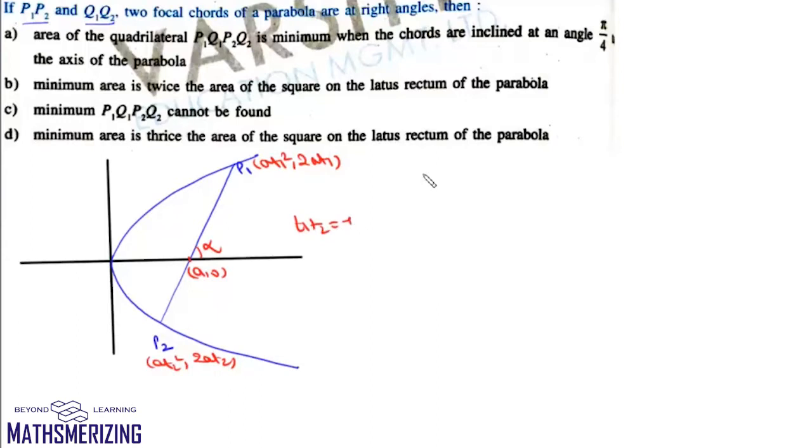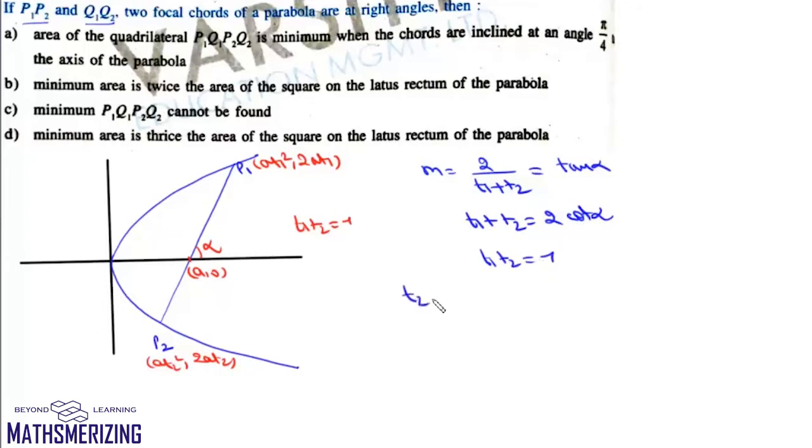Now we know that the slope of any chord of a parabola is 2 upon t1 plus t2, and this slope is equal to tan alpha. So we can write t1 plus t2 as 2 cot alpha, and we also know that t1 into t2 is minus 1.